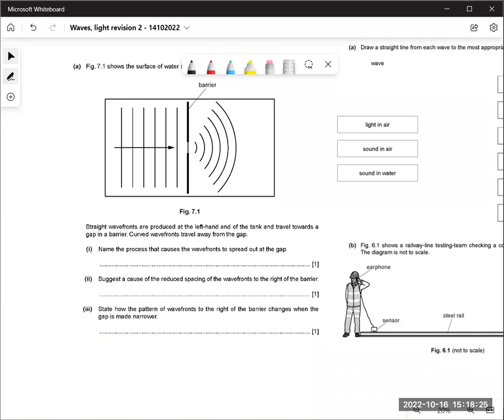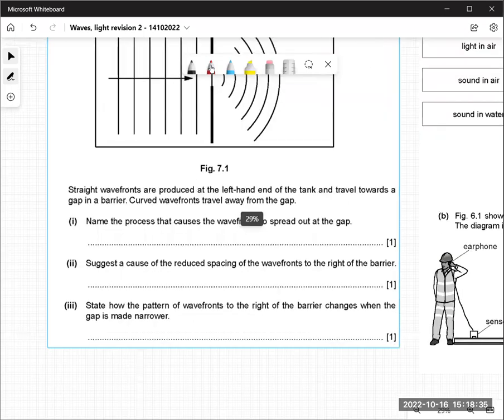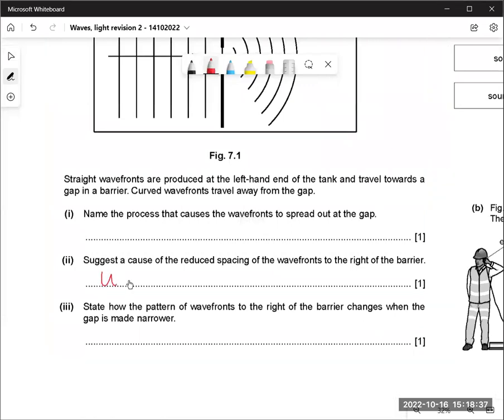I hope to do questions. So if you're free later, perhaps in the next class, we'll do more questions on this. Also this one. Look, the cause is waves change speed.